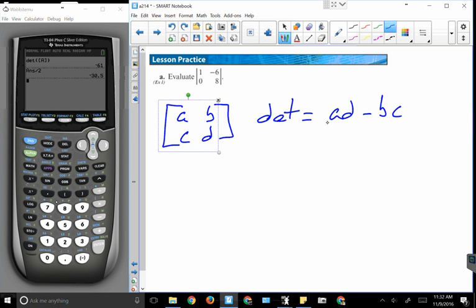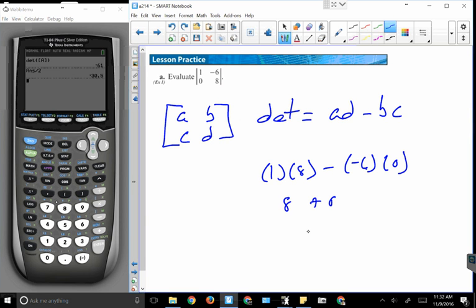So, A times D, well, that would end up being 1 times 8 minus, what are B and C? -6 times 0. So it looks like I got 8 plus 0, or just 8. That's it.